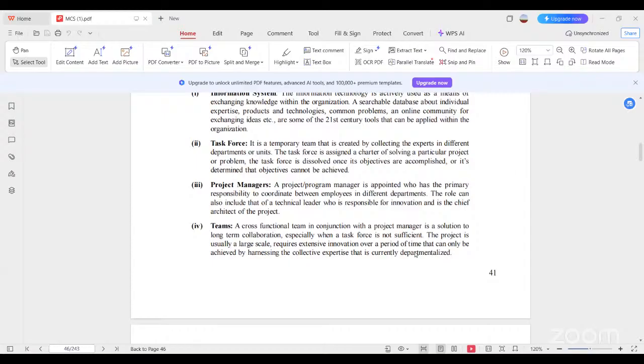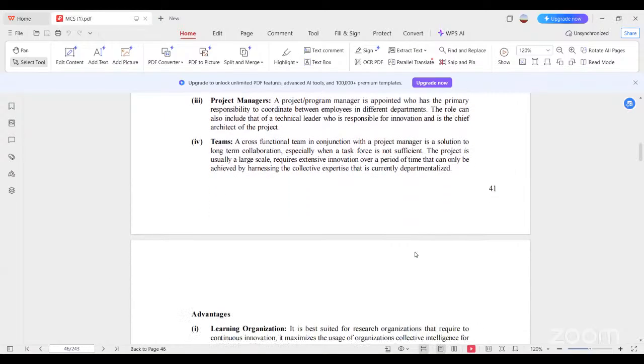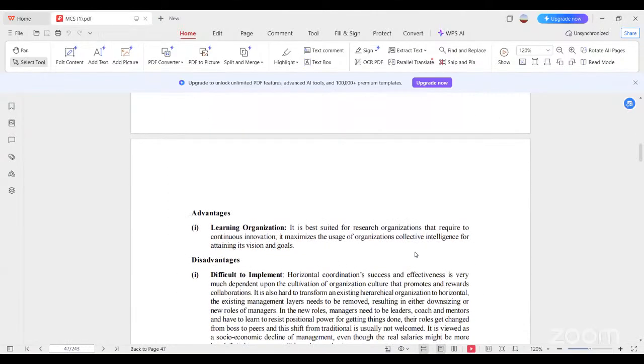They work together for an extended period and focus on innovation and problem solving. Like in an automobile company, they form a team with engineers, designers, and marketing experts to develop an electric vehicle over several years. This is their task.